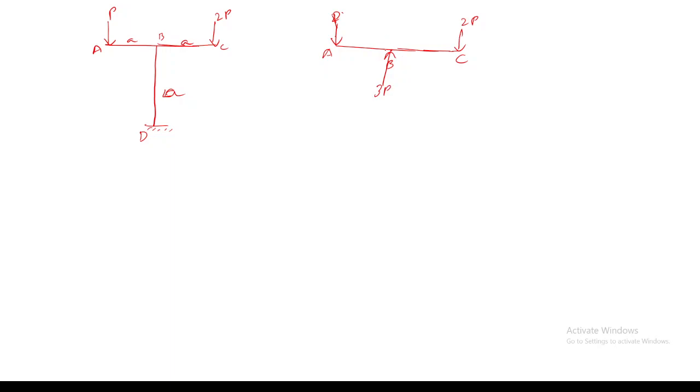The bending moment reaction: this is A, this is A, so you will have a bending moment P into A towards this, and another P into A towards this, so the reaction will be like this, MB equal to P into A. Correct? Yes, sir.